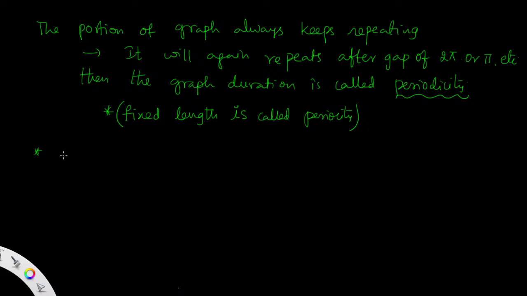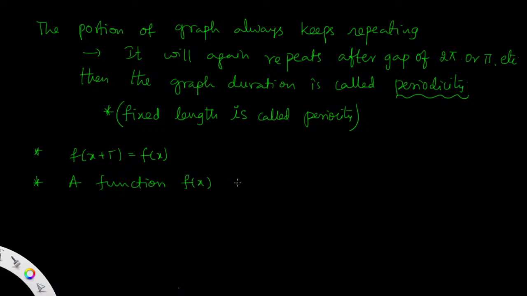Now, as per the mathematical definition, a function f of x is said to be periodic if there exists a positive real number, suppose t, such that f of x plus t equals f of x.